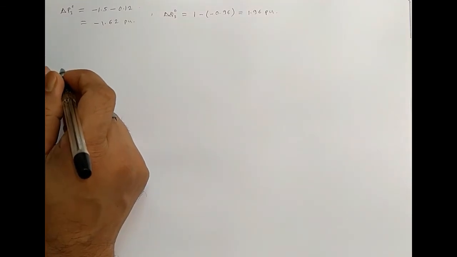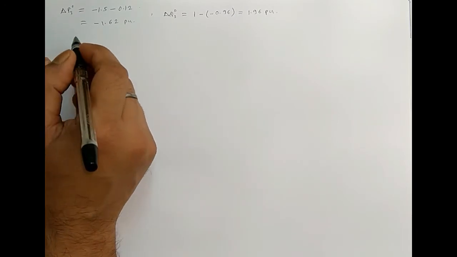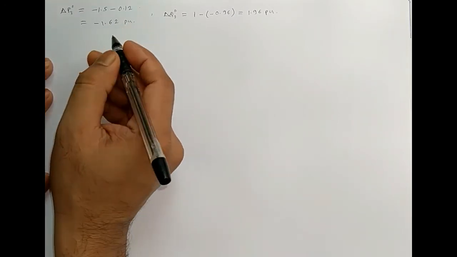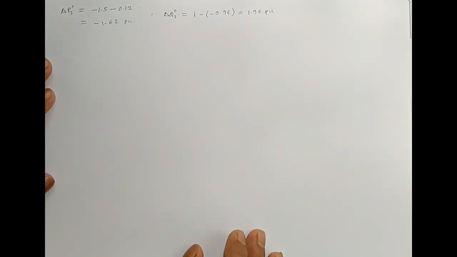Now with the help of these values we have to form the whole Jacobian matrix.